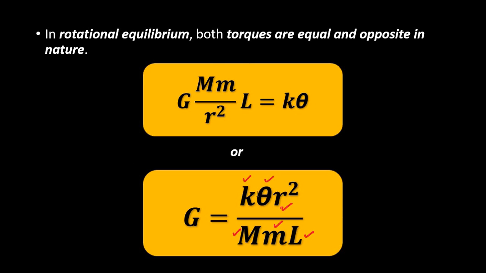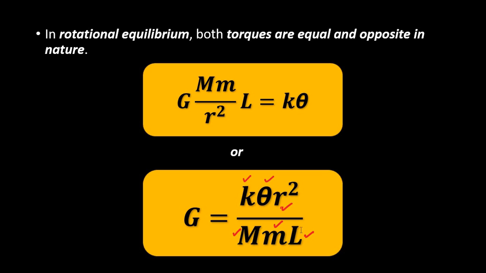It is measured by using a very simple light beam and plane mirror arrangement. By measuring the angle of deflection of the reflected ray and the transmitted ray, we can get the twisting angle or the angle of deflection of the rod, and once we get that value, theta will also be known. So the remaining values are controlled by the person conducting the experiment.